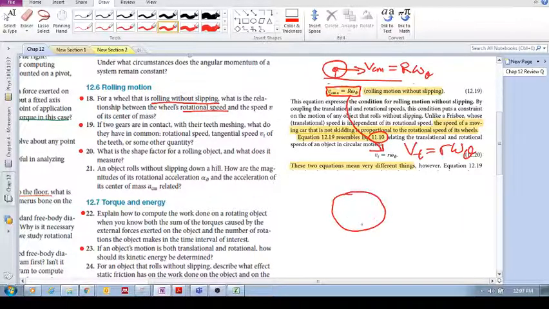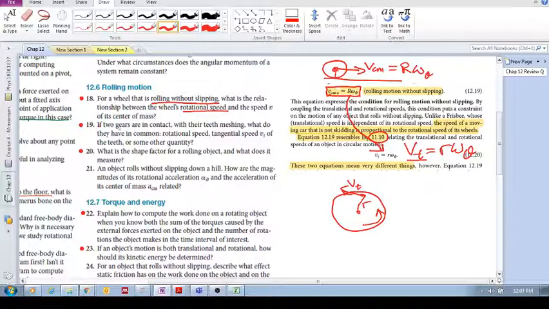So say now this object is rotating about that point. This velocity refers to the tangential velocity. So if we measure, say there's my r, that will be my tangential velocity of that point, as this is rotating about. Whereas this is the velocity of the center of mass. So make sure you identify what the difference is between these two equations.